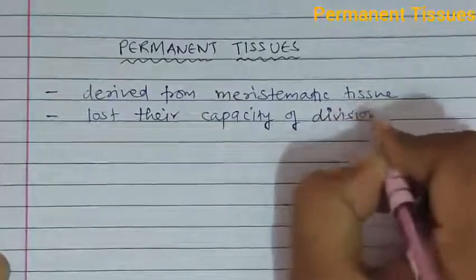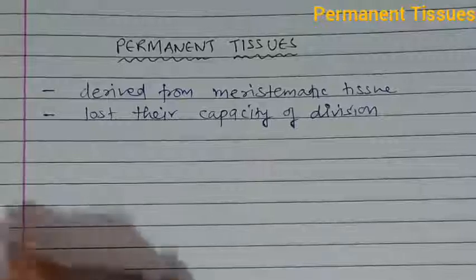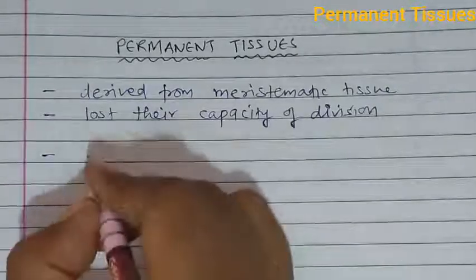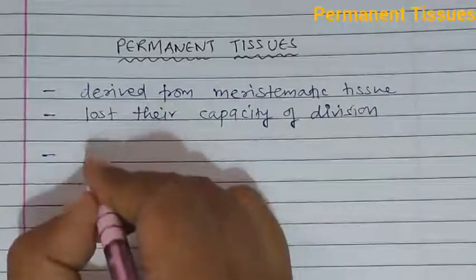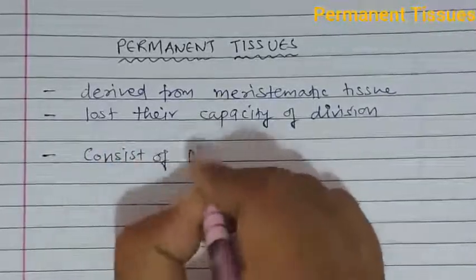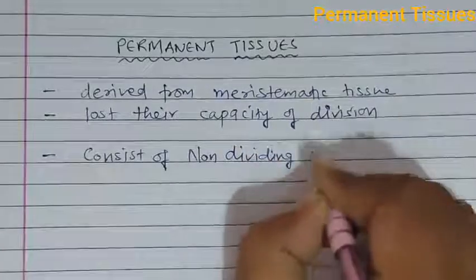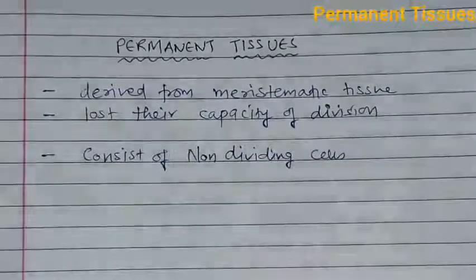Those cells who have lost their capacity of division are known as permanent tissue. Permanent tissue consists of non-dividing cells.